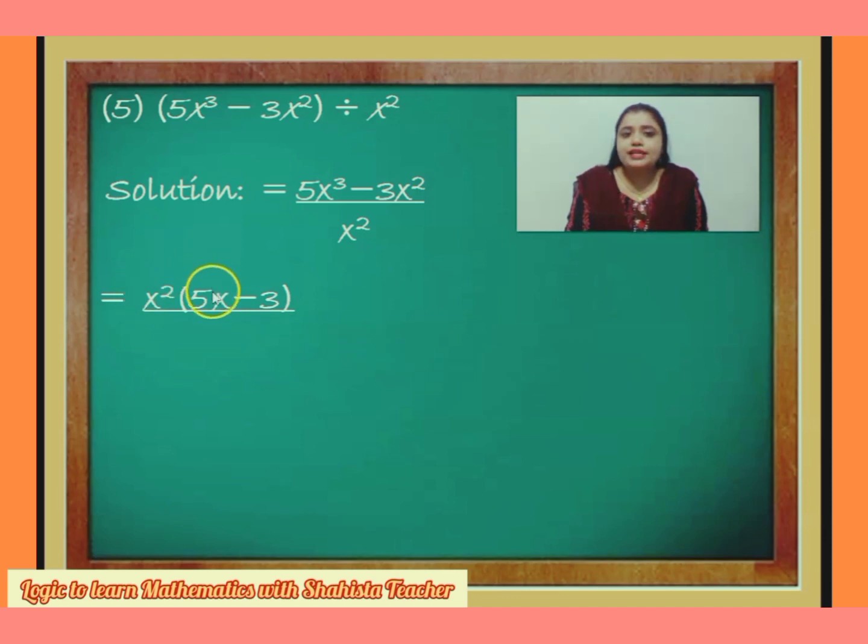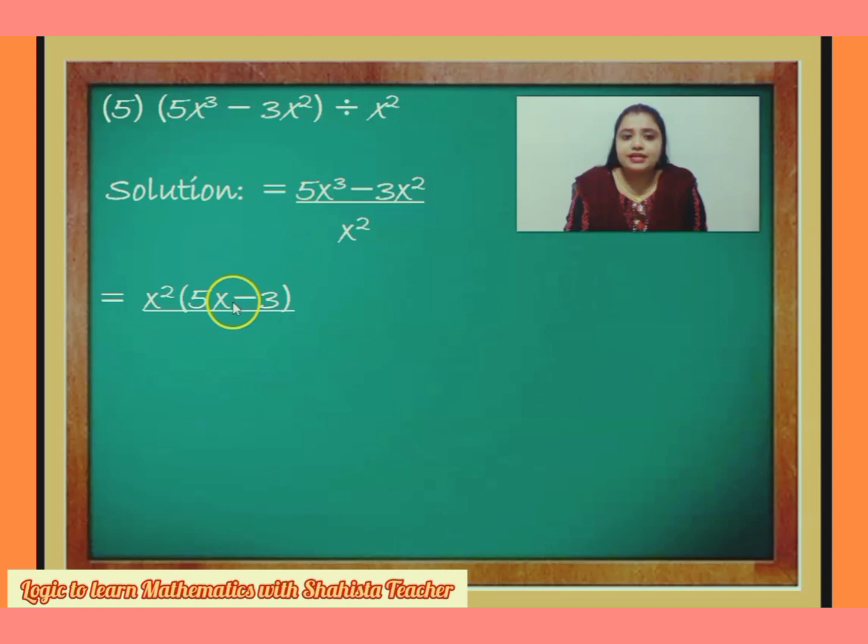So 1 multiplied by 5 is 5. x square multiplied by x gives us x cube. How? Because this 3 comes here.